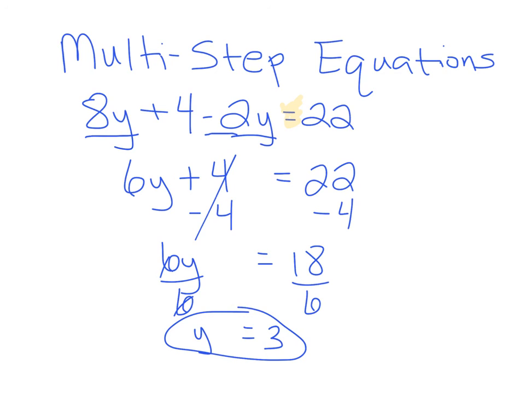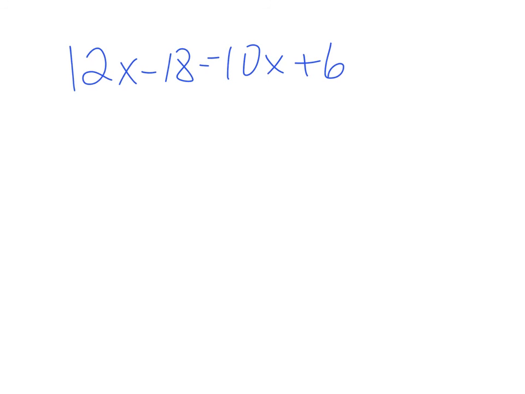Alright, so let's look at another example. Let's do 12x minus 18 equals 10x plus 6. If you look at our equal sign this time, it is right there. You'll notice where our x's are, I have a 12x on one side and a 10x on the other side.